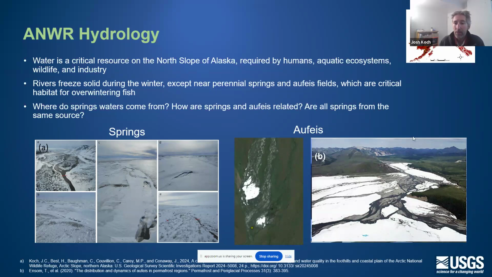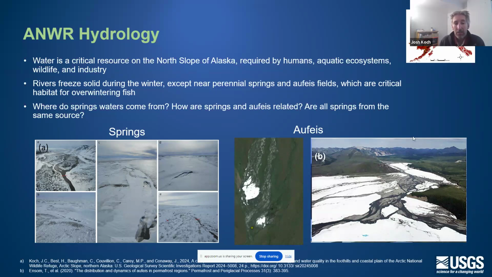Understanding the availability of this winter water was really important to fish and wildlife, especially now that we're in a period where there are potentially multiple uses for these waters, from both the ecosystem need and some consideration of development of oil and gas in these regions.